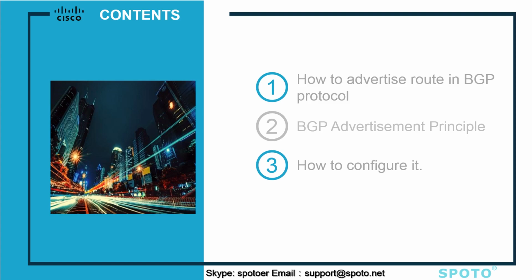The first is, after we establish the BGP neighbor relationship, how to advertise routes in BGP. The second is the different advertisement principles in BGP. And the last is how to configure it so the router can advertise the route successfully. Okay? So next we are going to start this time's sharing class.